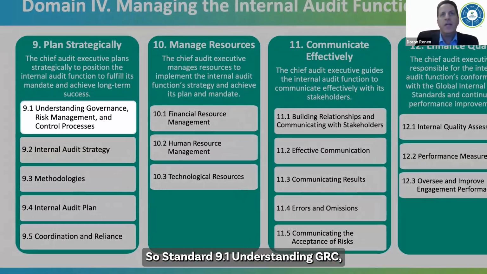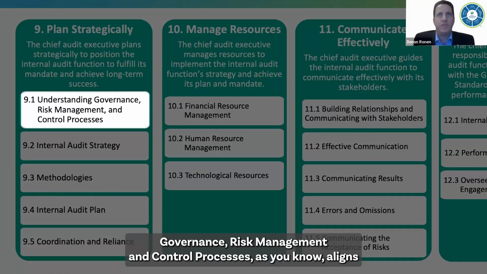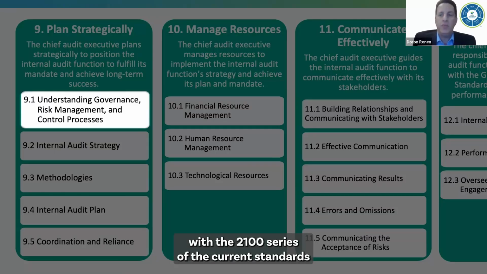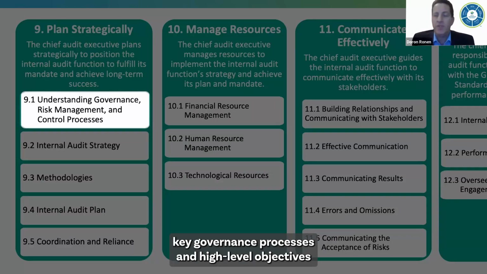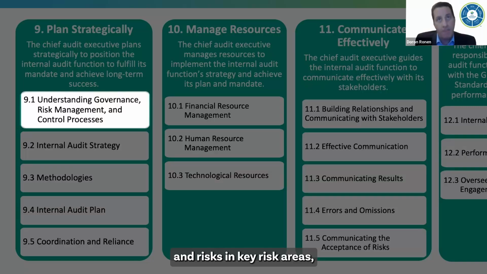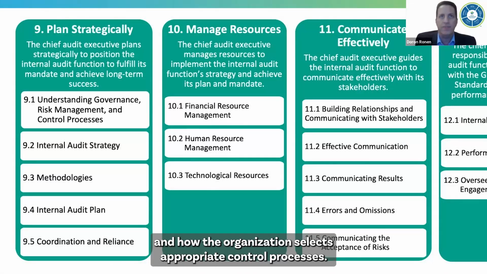So Standard 9.1, understanding governance, risk management, and control processes, as you know, aligns with the 2100 series of the current standards and requires the CAE to understand the organization's key governance processes and high-level objectives and risk in key risk areas, and how the organization selects appropriate control processes.